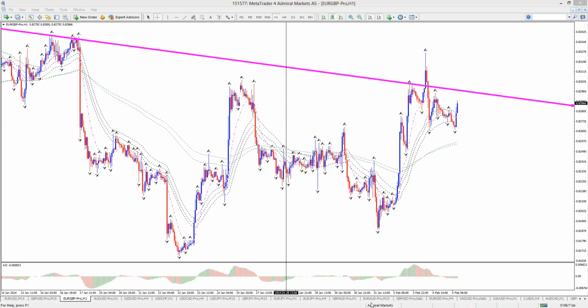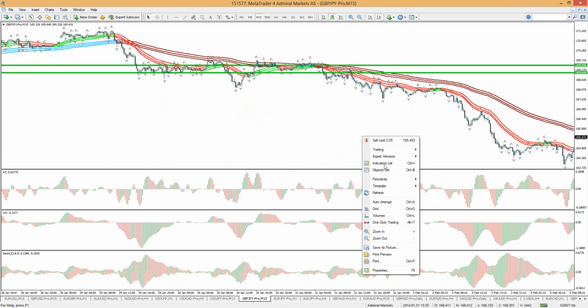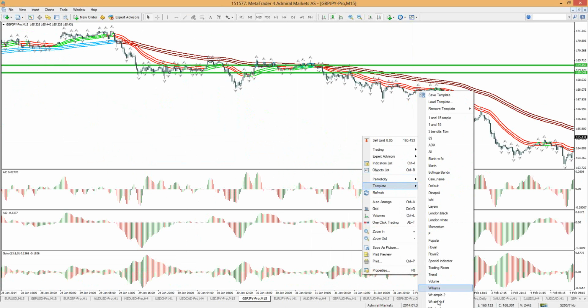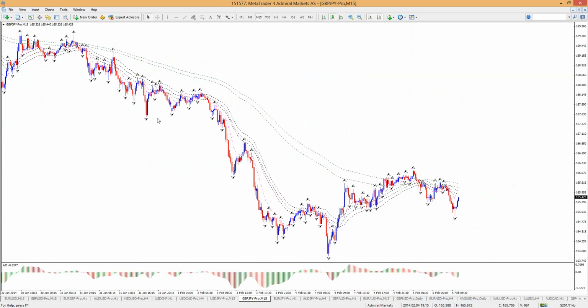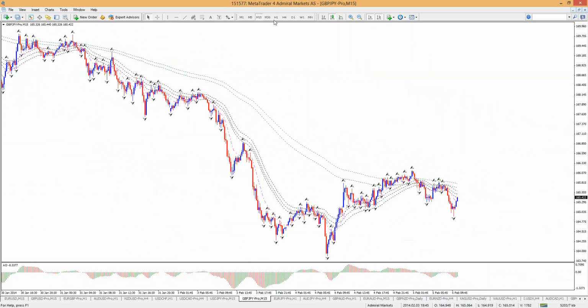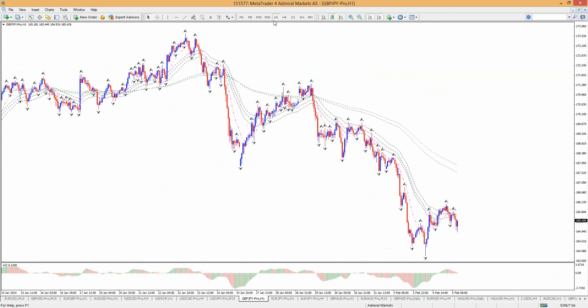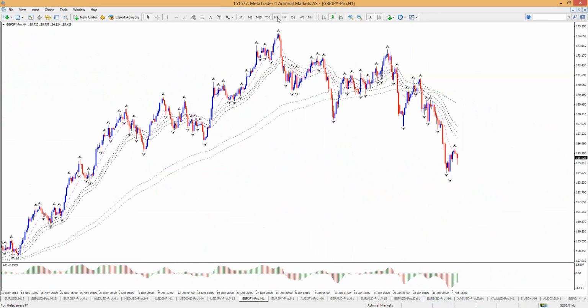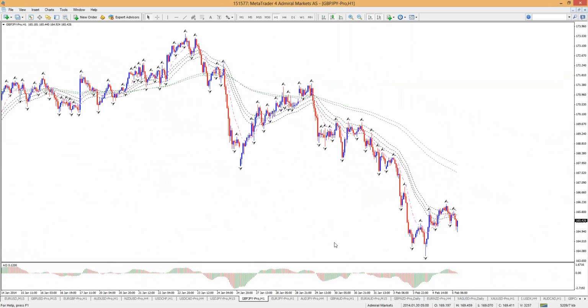Alrighty, what else? Pound odd we looked at. Similar. Pound yen is probably similar, but just in case, we can take a look. Yes, pound yen is almost like, I mean, there are certainly differences. There have to be differences between the pound yen and euro yen just because the euro pound is moving.